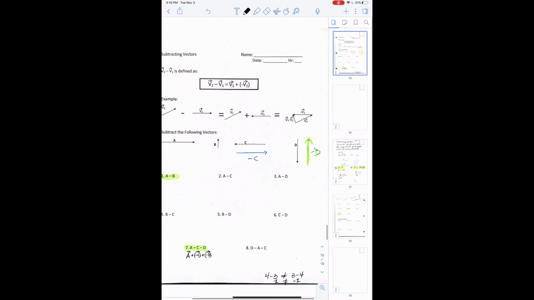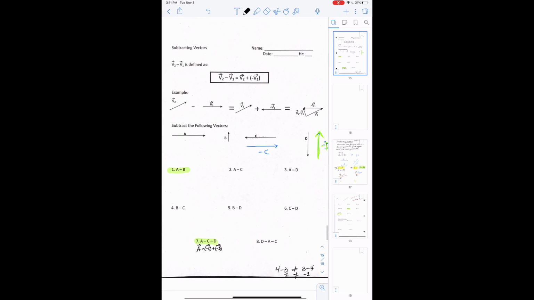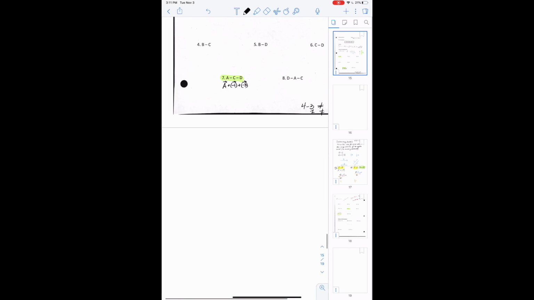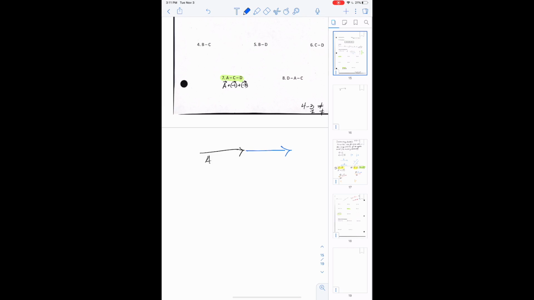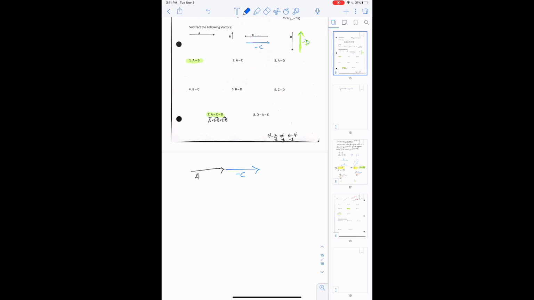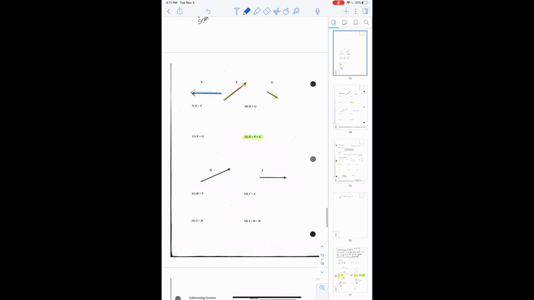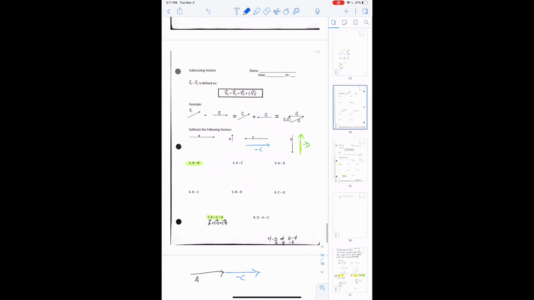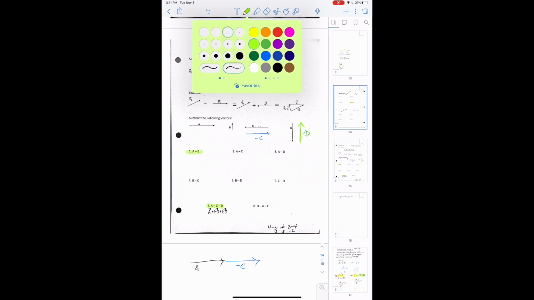They're all about the same magnitude, A, C, and D. So we have A. We have negative C, head to tail with it. And then we have negative D pointed like this.